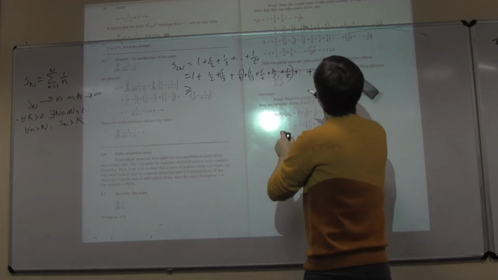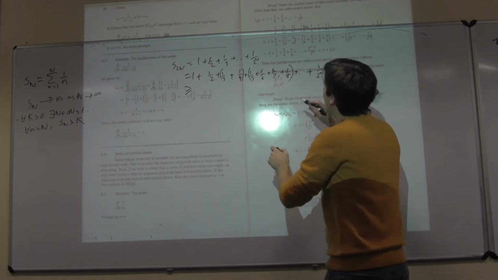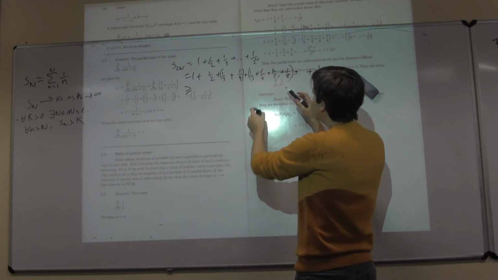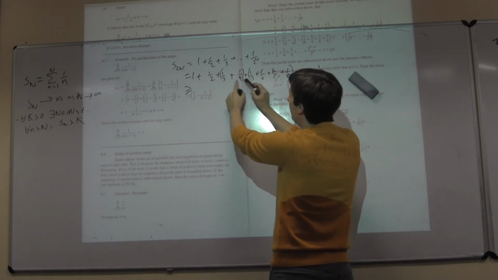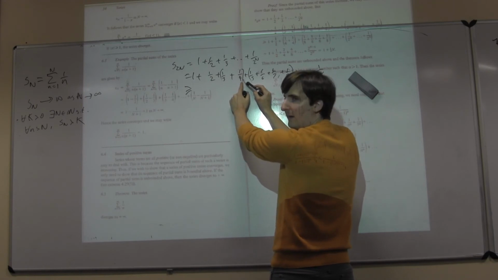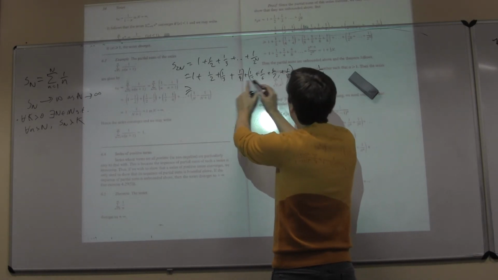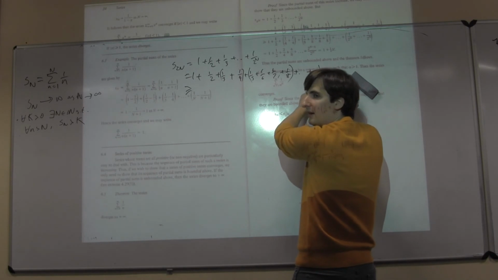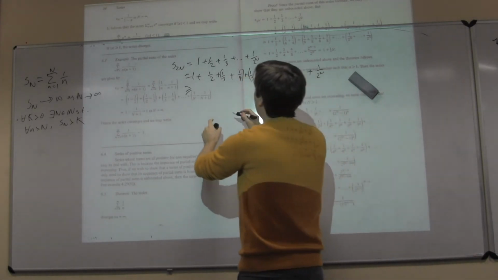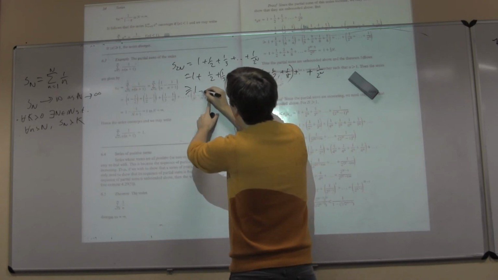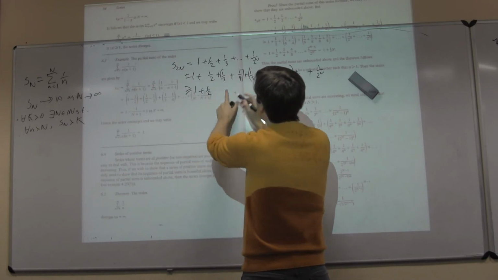So we take it up to something that's 1 over 2 to the power of n. The last term in each of these brackets is 2 to the power of n, so 4, 8, the next one would be 16. So this is bigger than or equal to 1 plus a half, let's keep that as it was.